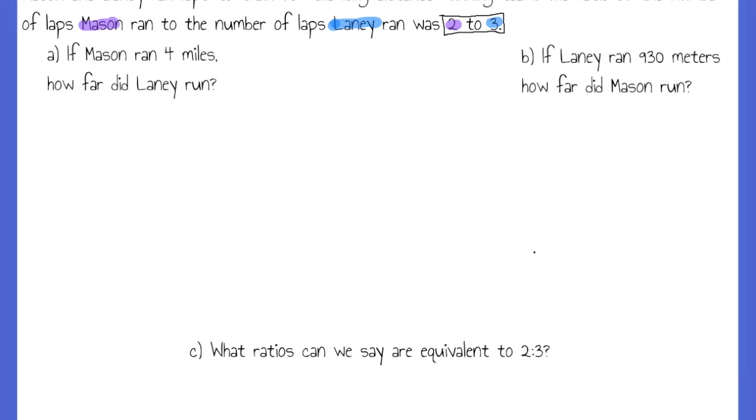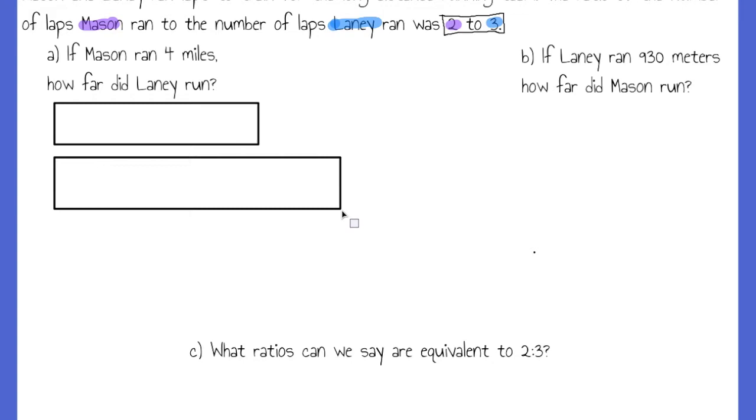So what we're going to do is make a tape diagram. What this is, you're basically just making boxes to represent each of the laps.